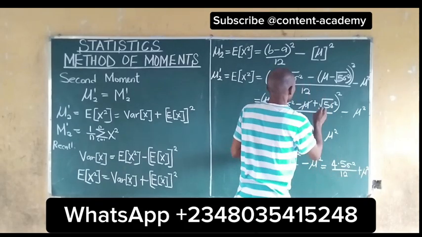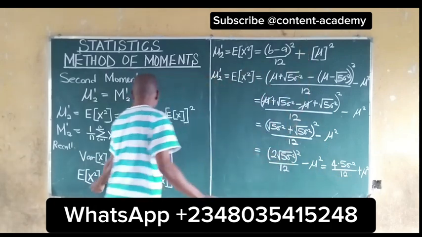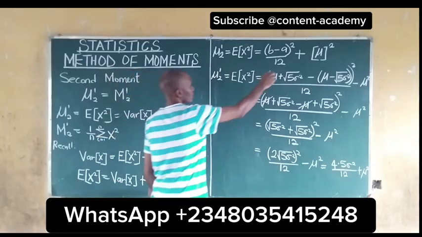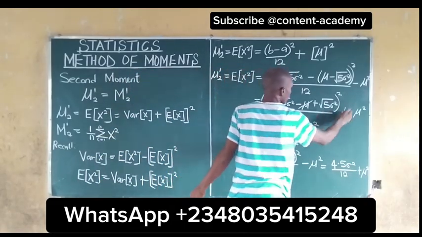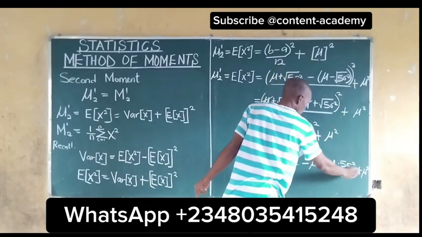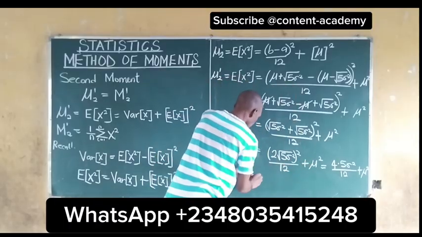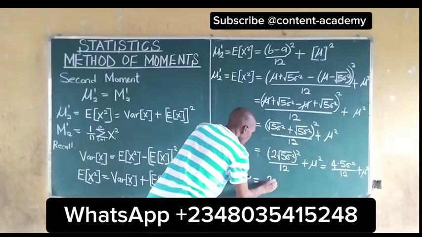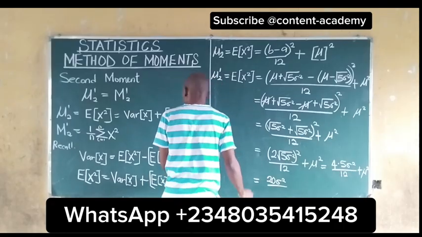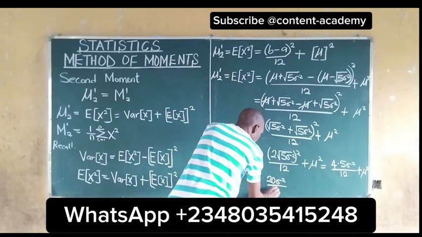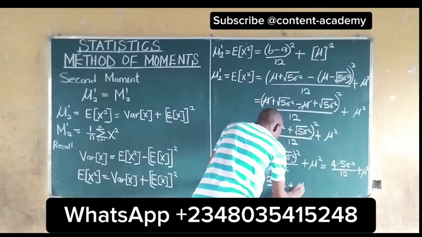Sorry, this is plus: variance plus this. So we have 20 sigma squared all over 12 plus mu squared.